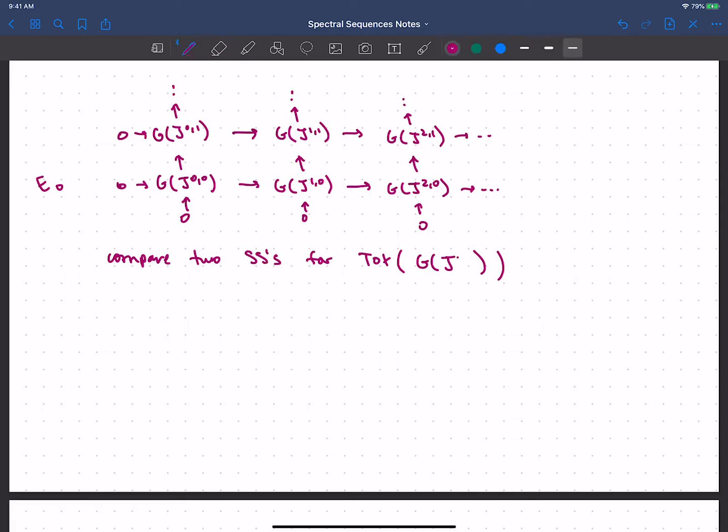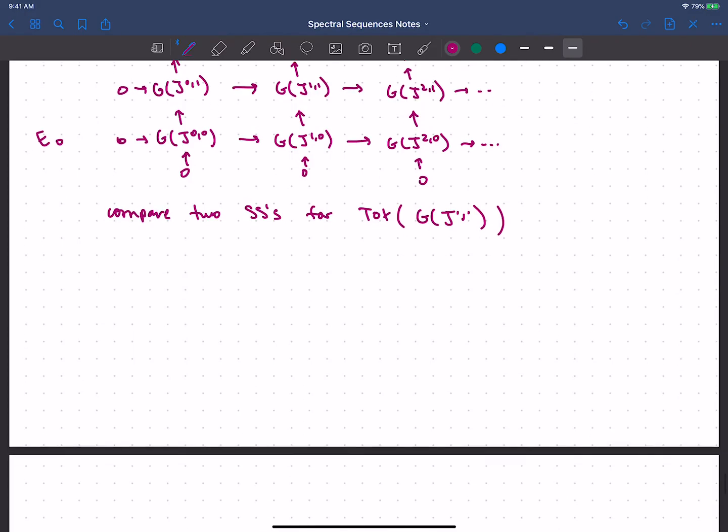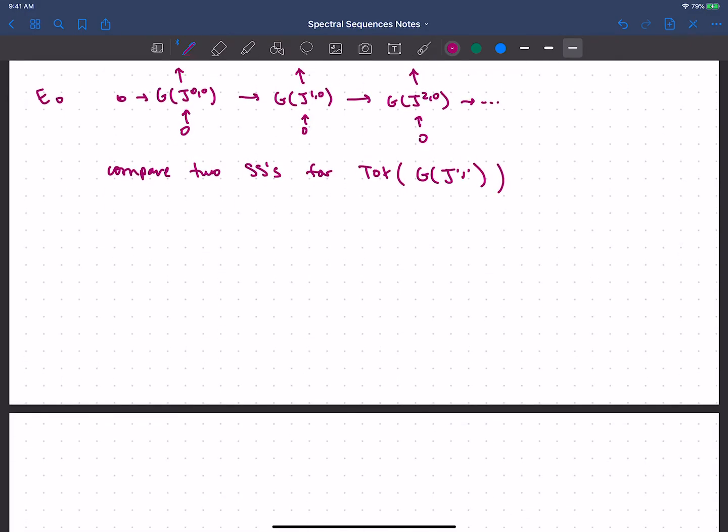Okay, so of this G applied to this double complex. There are two different versions, and we could go either way. Let's say that we look at our vertical differential first. So let's say we use dV first.